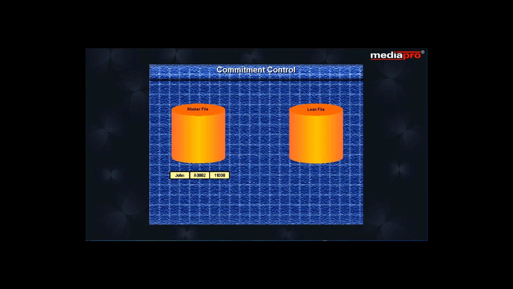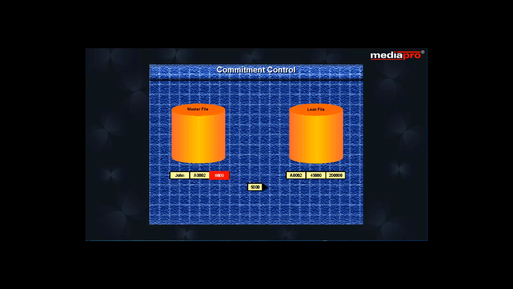Suppose a customer takes a loan from the bank. Every month, the bank will deduct the installment amount from his savings account and credit it against his loan account. This is done through an application program.